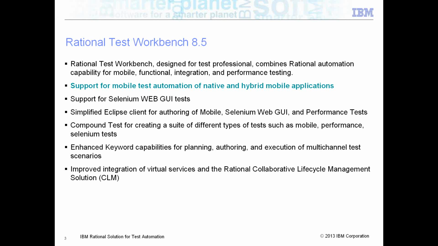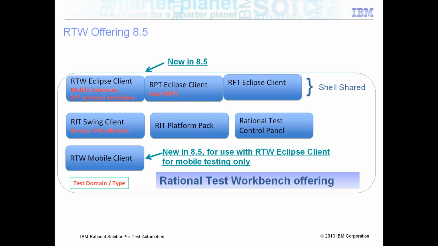And when I showed the first page with the complete ALM lifecycle management and all the products, it also has the integration with the ALM as well as the virtual service. This is just a pictorial representation of all about RTW. The RTW offering is nothing but a packaging of all our tools together.